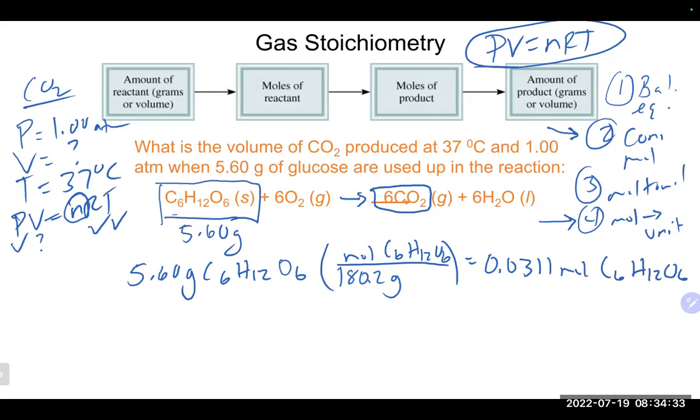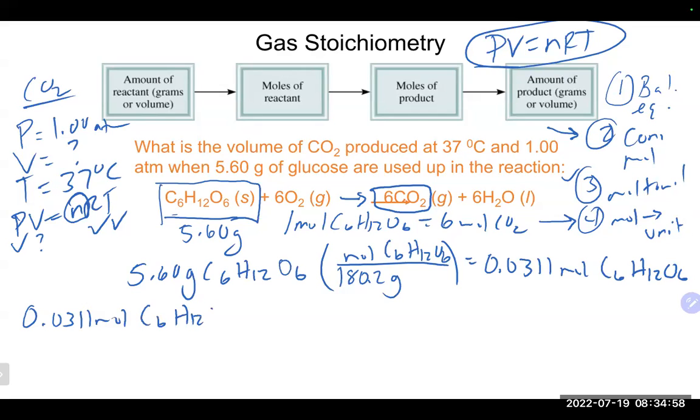Once again, we're really missing the moles for the CO2. So this is the stoichiometry part. The relationship between the glucose and the CO2, as we see from the equation, is for every 1 mole of our glucose, we get 6 moles of our CO2. So this is really the third step here. We'll take our moles of glucose and use stoichiometry to figure out how many moles of CO2 that would be.